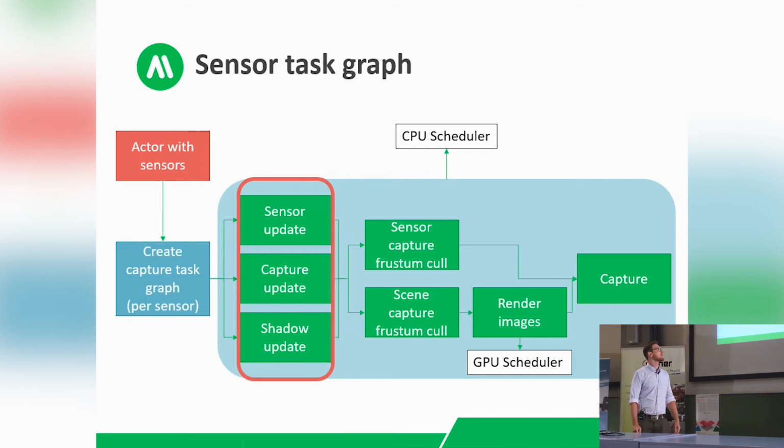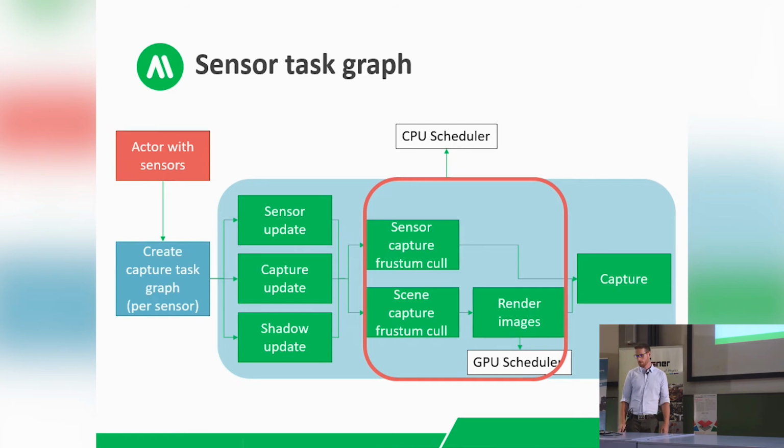After the update phase, we have frustum culling. We collect all of the objects in the scene which are falling into that capturing volume, and if that's the case, we render them in the render images pass. That means we have to generate a GPU task for the GPU scheduler, and that's how we realize our rendering pipeline.